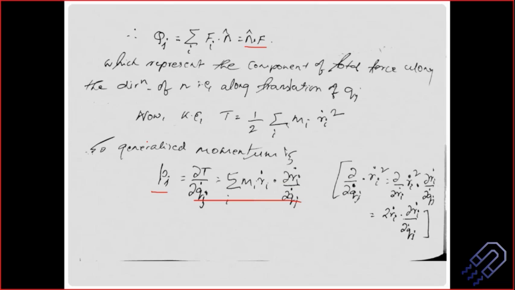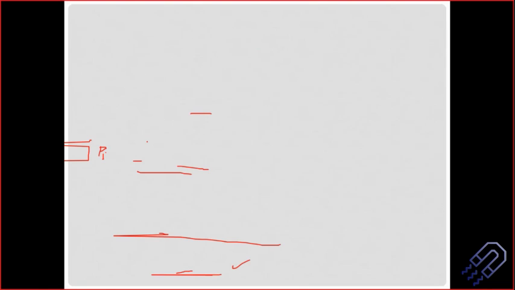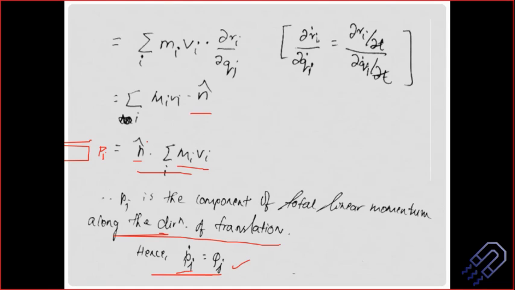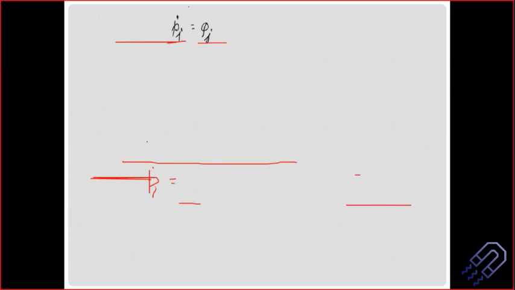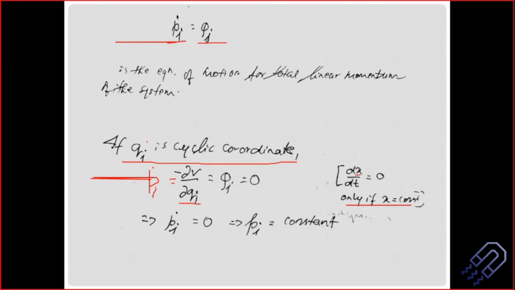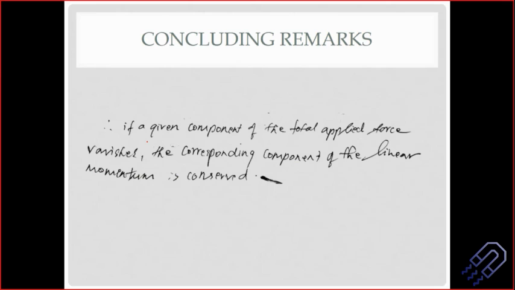Once we finish that, we consider the relation Pj dot is equal to Qj. Once that is done, we say that if we consider Qj to be cyclic, till now we did not say Qj is cyclic. So we say that Qj is cyclic, and then this is nothing but equal to 0, and then we say Pj is constant. So this will be an important question for your exam, and I think it deserves 5 marks.